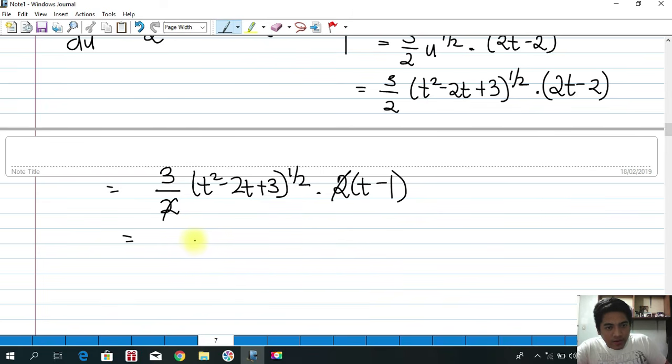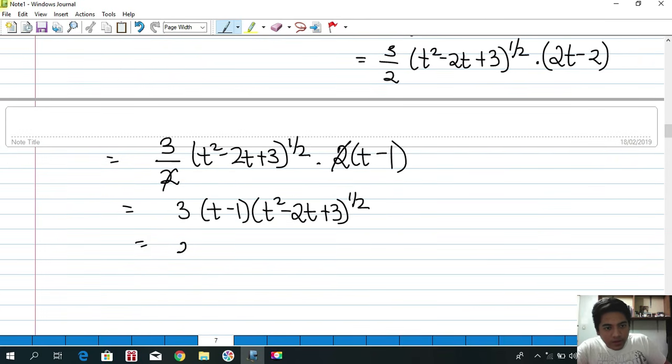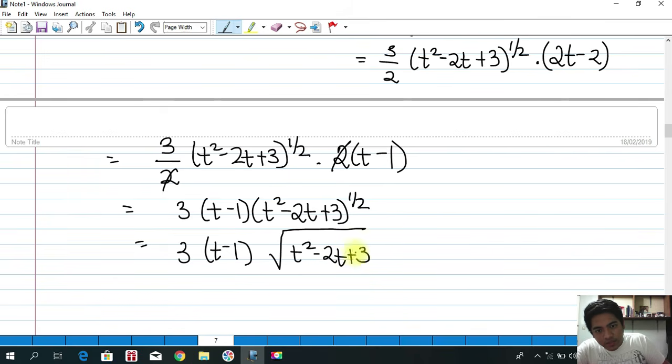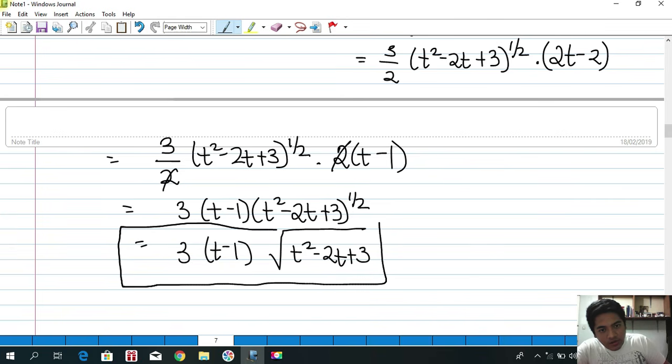So we have the answer 3 times t minus 1 times t squared minus 2t plus 3 raised to 1 half, or 3 times t minus 1 times the square root of t squared minus 2t plus 3. This shall be our final answer in determining the derivative of our example with respect to t.